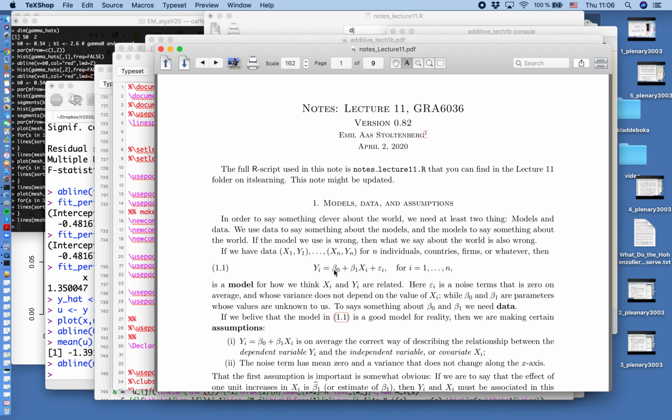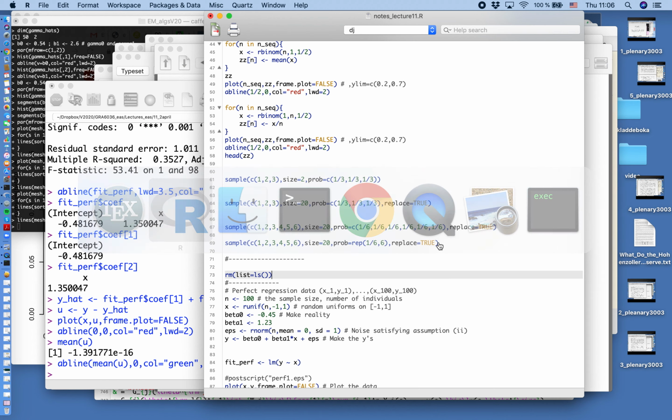So our model for the world is true. There is not some other function that is connecting x and y. It is a function of this form, and the only things unknown to us are the values of this coefficient and this coefficient, and based on data we can estimate these. So let's go to this R script.